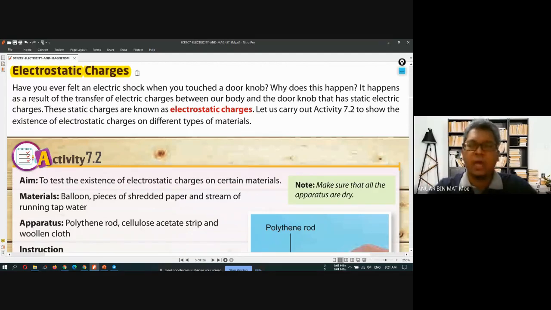It is easier for you to remember with your handphone, for example. If your battery is nearly finished, you need to plug in the power and charge it, right? So it needs to be what we call charged. After the battery has been used for some time, it will need to be charged.